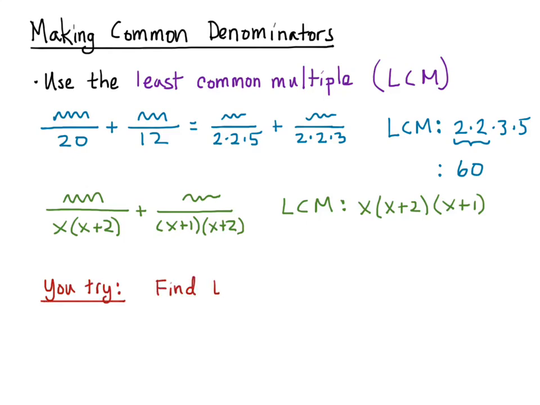Okay, so just try finding the least common multiple here. Like if these were the denominators of fractions, what would be the least common multiple between 18m squared and 45m?